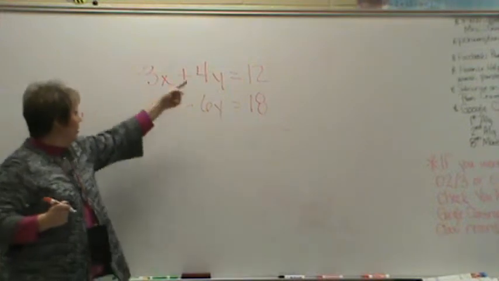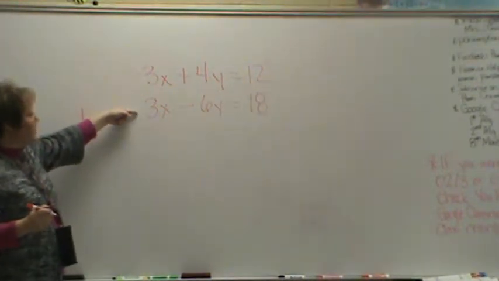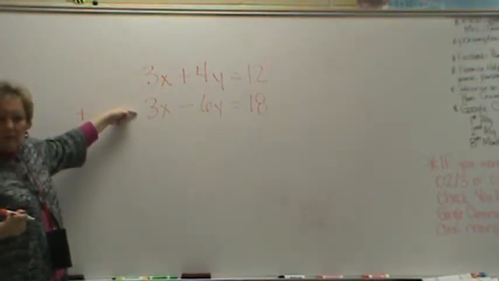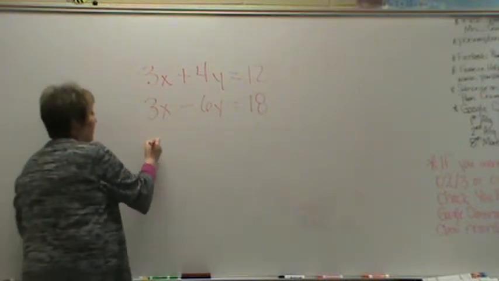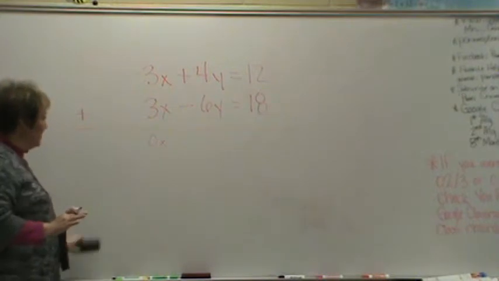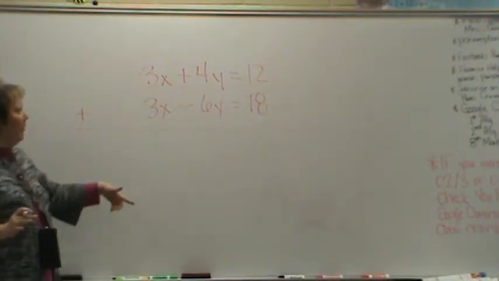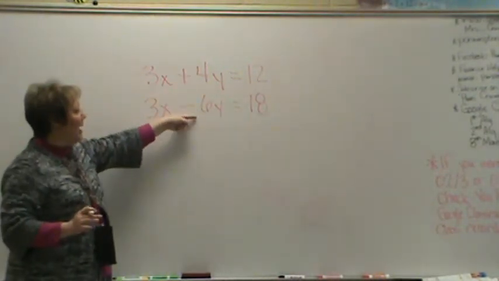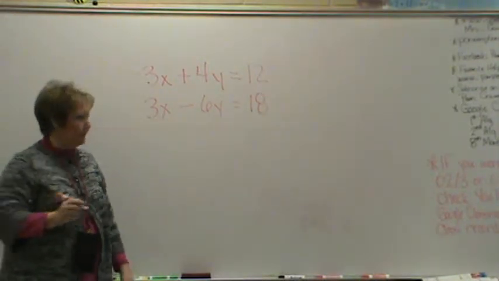Okay, so what I'm going to do is I'm going to add these two equations. Okay? So -3x plus 3x is what? Nothing. It's 0x. I don't have to show that 0x. So I'm just going to erase it back off of there. 4y minus 6y is what?